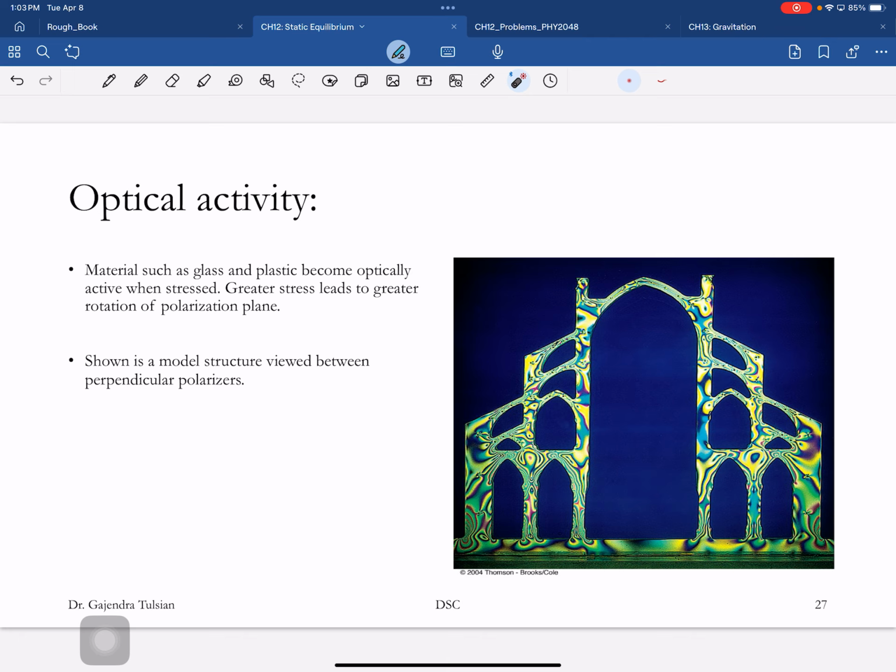And on top of the structure, you put a weight. And so which joint is the weakest? So now what you do is you send polarized light. And the plastic, depending on the stress, turns the plane of polarization. And so that's one way to measure practically which joints are bearing the most stress.